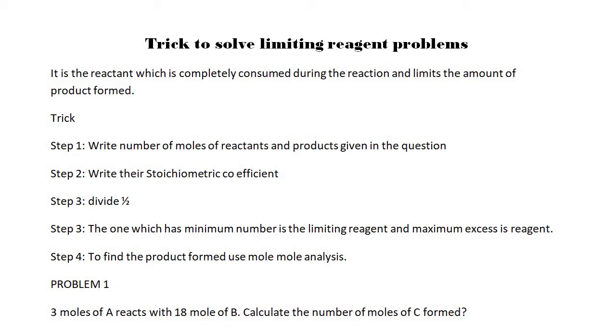The third step is that we need to divide the number of moles by the stoichiometric coefficient. The one which has the minimum number is the limiting reagent and the maximum is the excess reagent. The fourth step is to find the product asked in the question, C or D, using mole analysis.